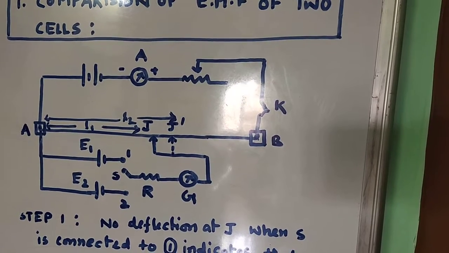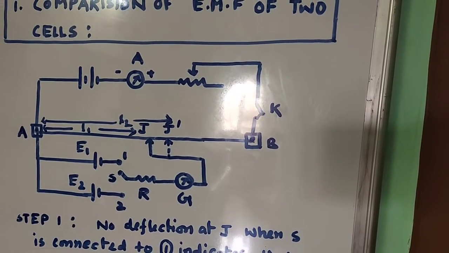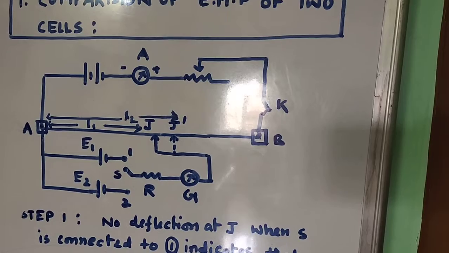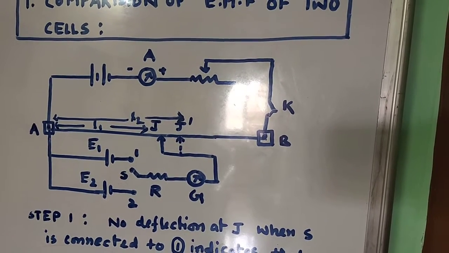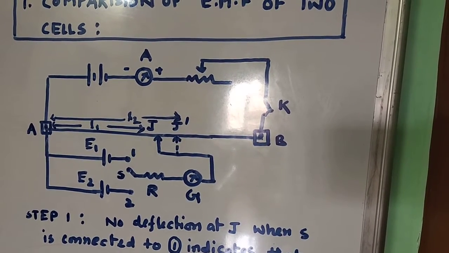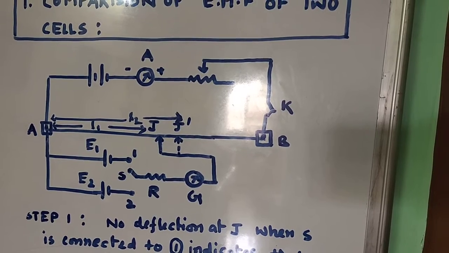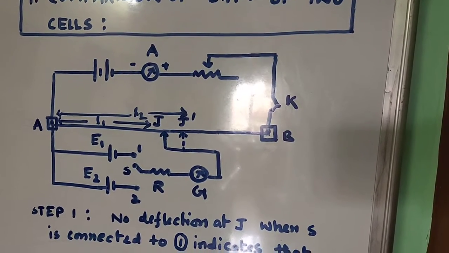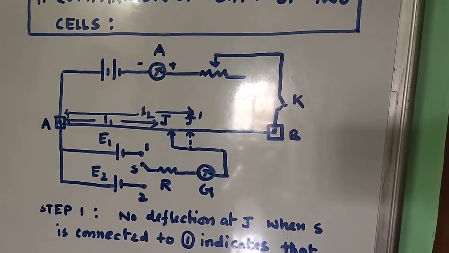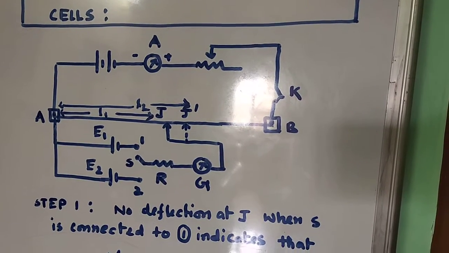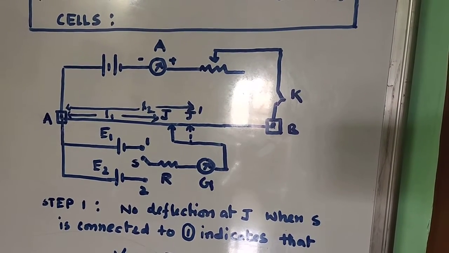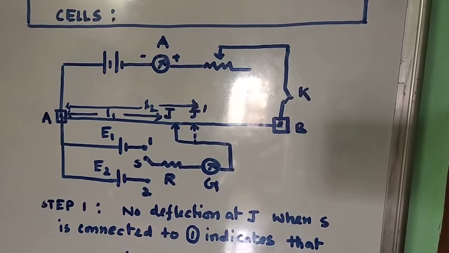Let the null point be at J dash for the cell of EMF E2. The length is L2, so the potential difference between A and J dash, V_AJ dash, equals K L2.